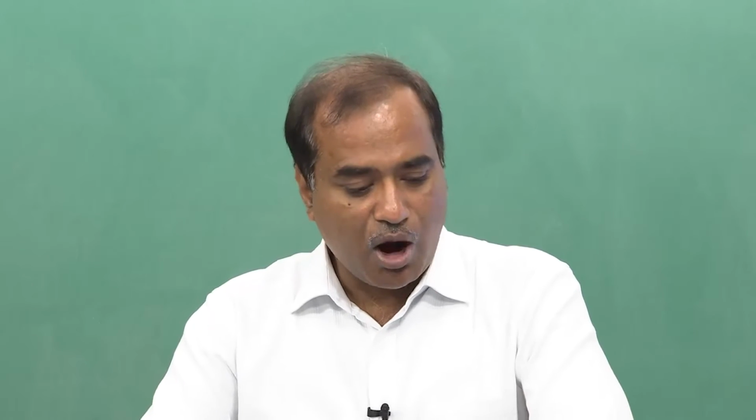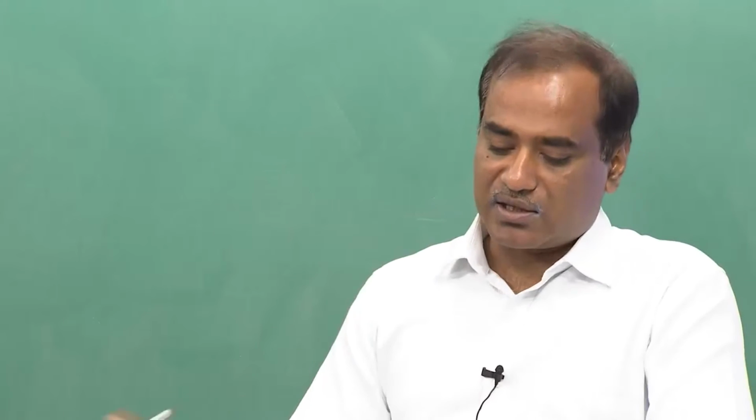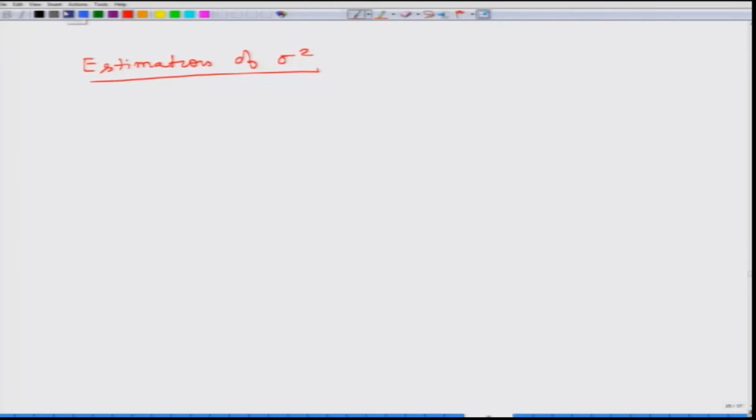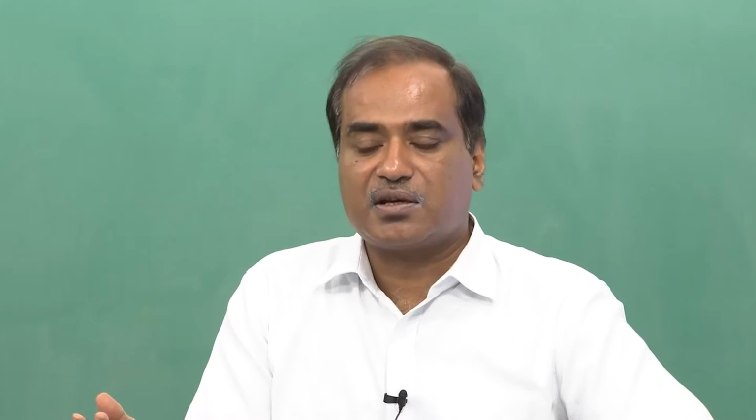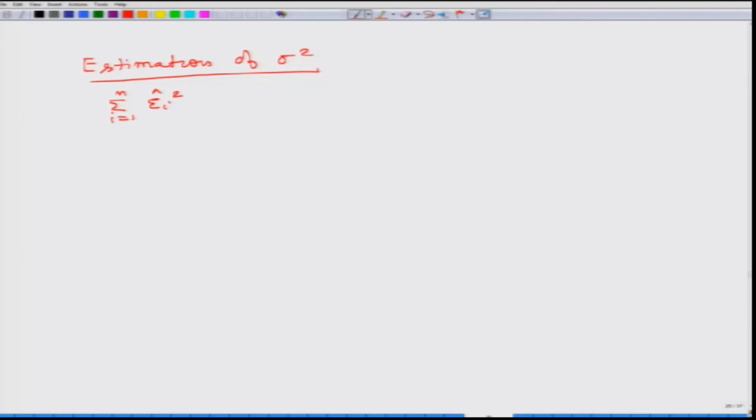So, one option is that I can consider a quantity like summation i goes from 1 to n of epsilon i hat square, and then we try to take its expectation. This will come out to be a function of sigma square. Then we adjust it to obtain a good estimator of sigma square.